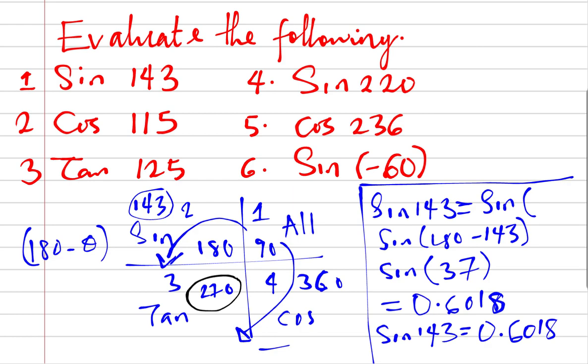So since that is the value, then what we can do in the third quadrant is say that it is 270 minus theta, or theta minus 180. You can say theta minus 180.